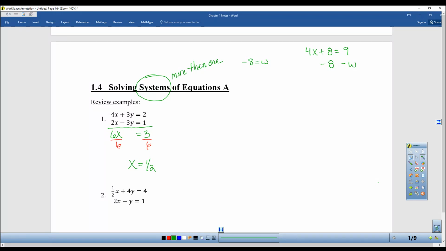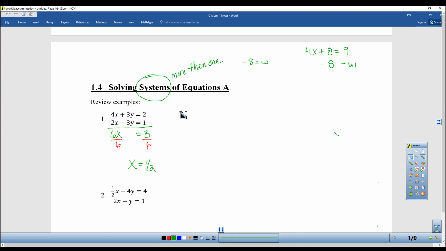You could, because they were equal to each other. So I know that you're thinking, but why would I do that? You wouldn't do that, but you would be allowed to do it. If negative 8 and w are the same thing, you could subtract 8 from one side and subtract w from the other side, and that would be a legitimate thing.